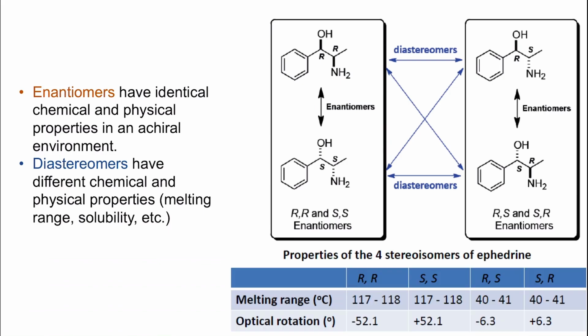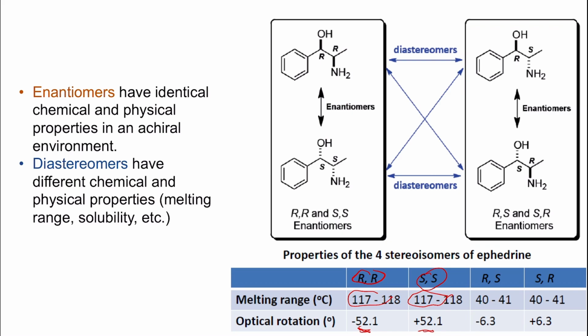If we have a look at the different enantiomers and diastereomers of ephedrine, you're going to see that the R,R and S,S, which are the enantiomers, have the exact same melting point range, and they only rotate plane polarized light in opposite directions but by the same value, so minus 52 for the first one and plus 52 for the second one.